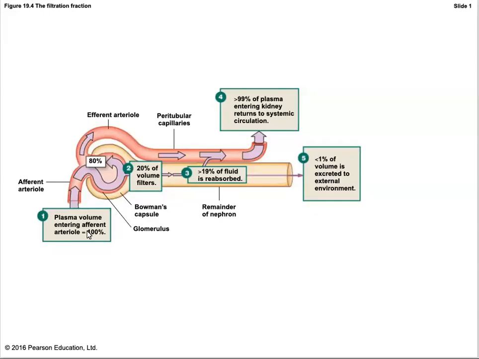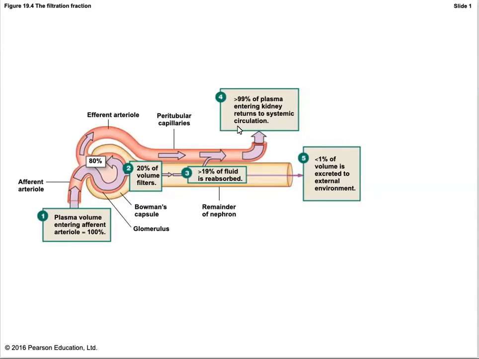If we take the plasma volume entering into the afferent arteriole to be 100%, we'll see that only 20% of that 100% enters into Bowman's capsule. In other words, it's filtered. Of this 20%, much of it gets reabsorbed and returned back to the systemic circulation, whereas less than 1% of the volume is excreted into the external environment.